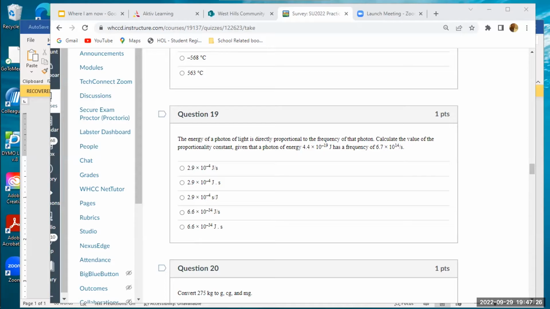Since they're both base 10, I can add the exponents together. So it's minus 19 minus 14, so that's 33. But you told me it's 0.66, so I need to move it over one more, so that's another minus. So that's why I got minus 34.